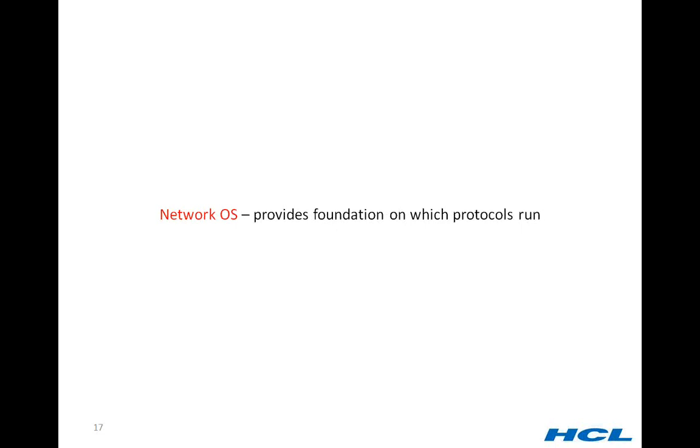And the network OS, what does it primarily do? While protocols provide the foundation for networks, the network operating system provides the foundation on which these protocols run. Okay, so that makes it slightly different. This is where we need to understand how things are shifting a bit.